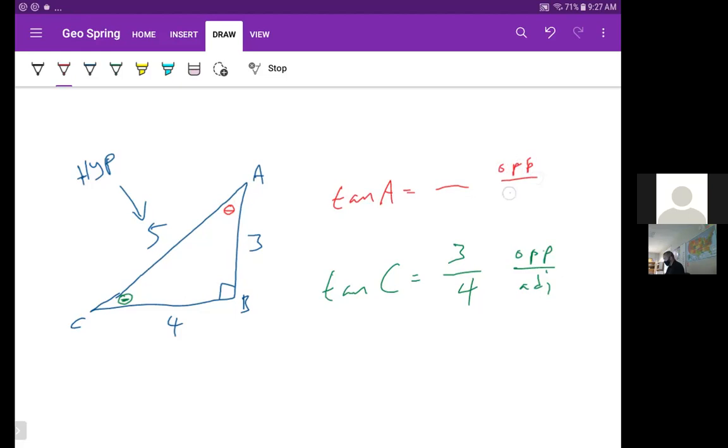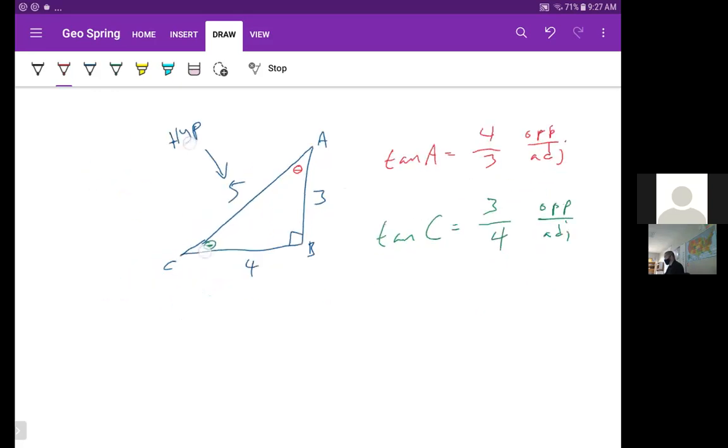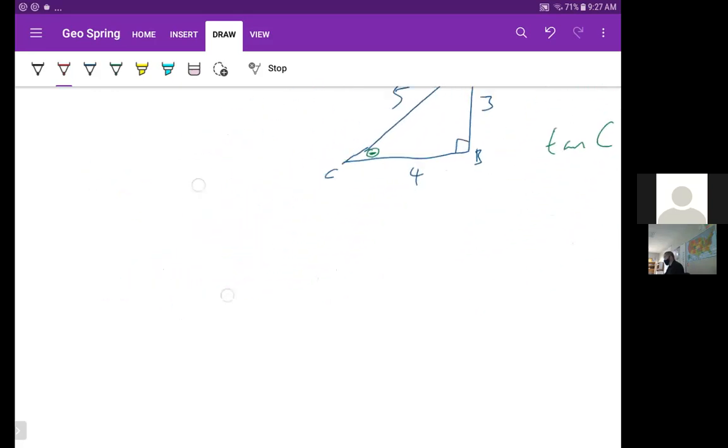This time, the number that's touching this red symbol is the 3. So 3 is the adjacent, 4 is the opposite. We're not going to do B because B is the 90-degree angle. You can't do anything with that. This is how this works. So you have a couple problems like that, and then you have some where you're solving.